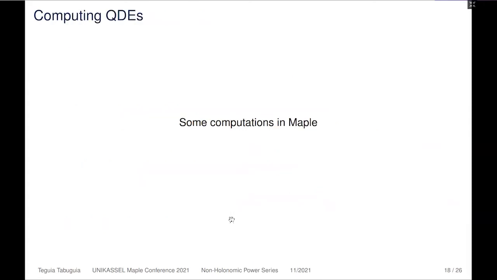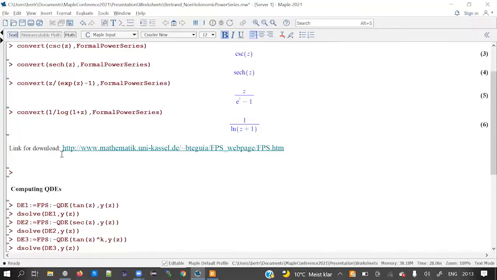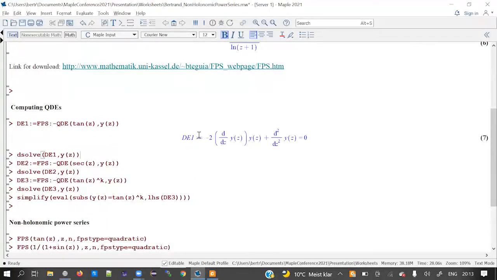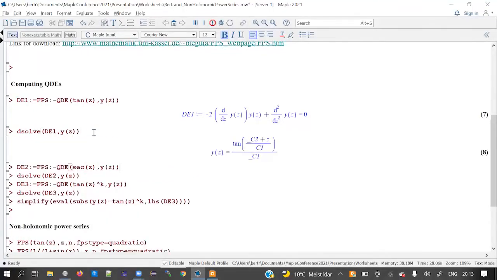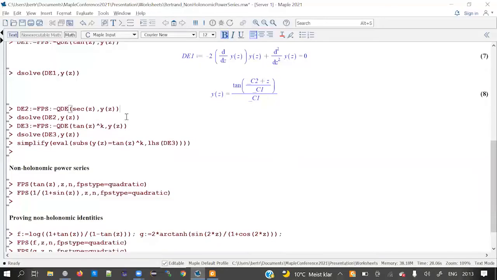Let's see, for example, the computation in Maple. Our algorithm can be downloaded from this web page here. We consider, for example, tangent. If we compute a differential equation, then we have this one, which is holonomic and quadratic. We can check that tangent is a solution by solving the differential equation with the Maple dsolve command.